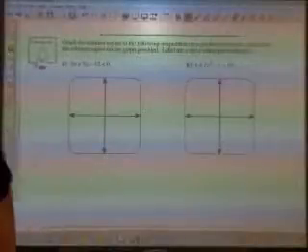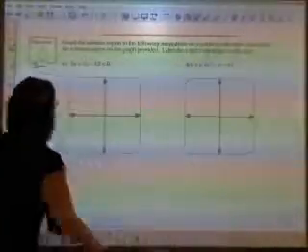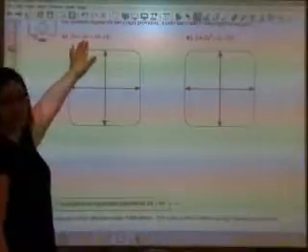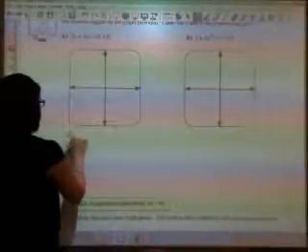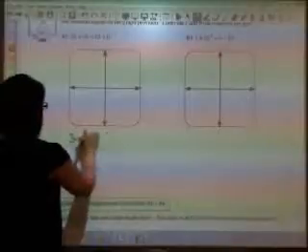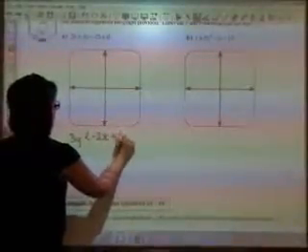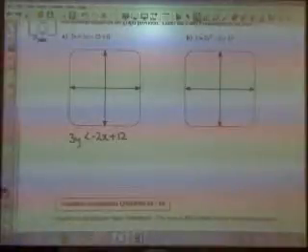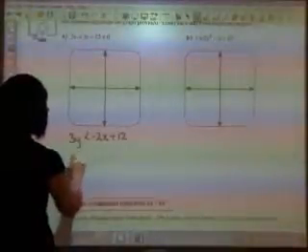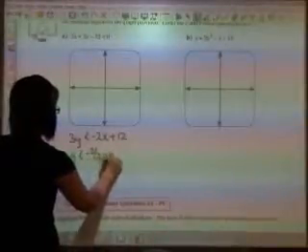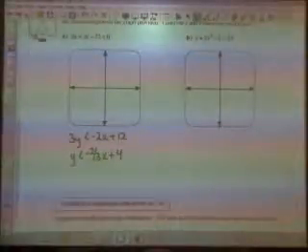So if we look at the two examples here on the page, we've got this first one, 2x plus 3y minus 12 is less than 0. I want to isolate for y, so I move the x and the 12 over, and I get negative 2x plus 12. Then I divide everything by 3, and I get y is less than negative 2/3 x plus 4.